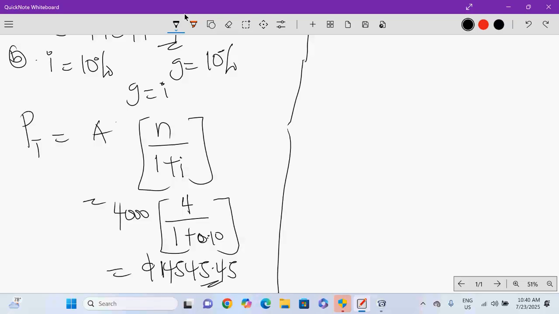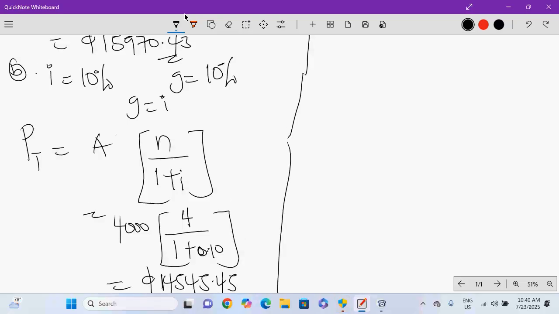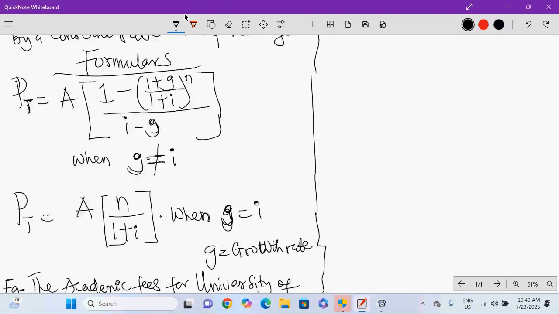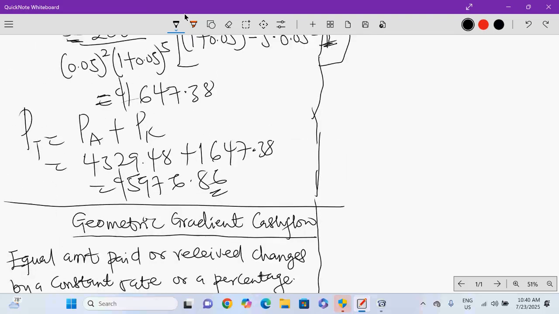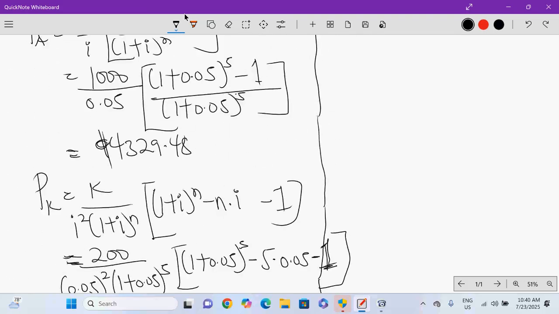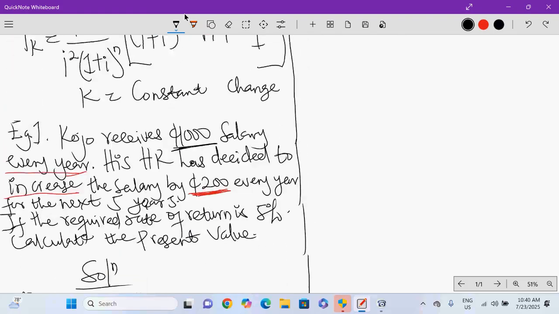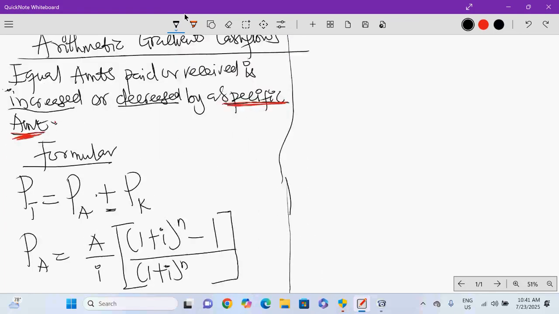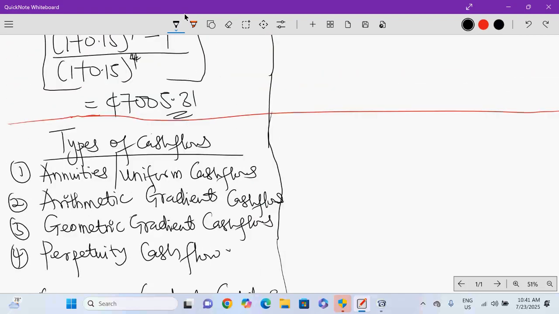So that is it. And then we will quickly move to the last type of cash flow, which is the perpetuity. The perpetuity cash flow.